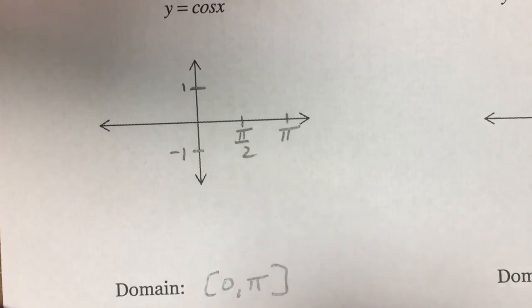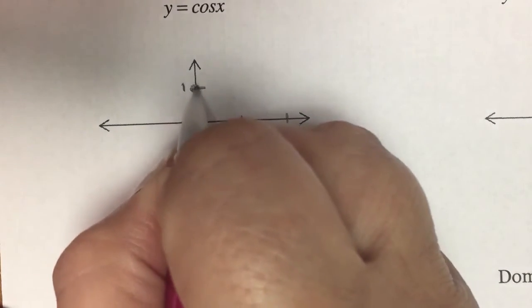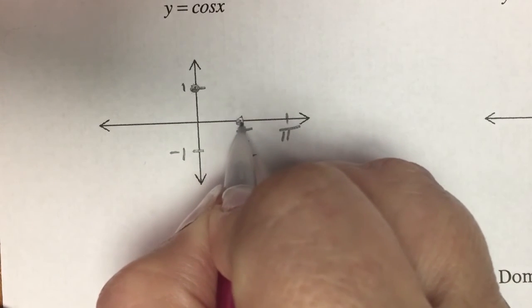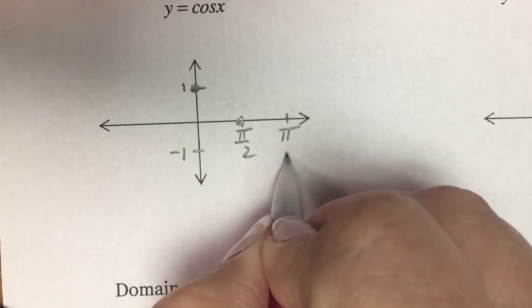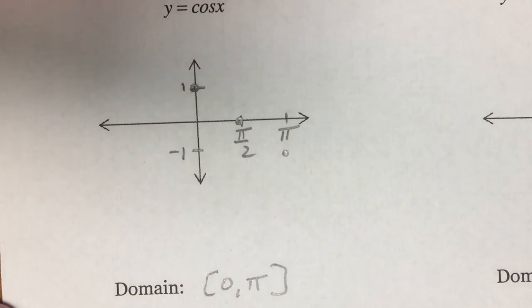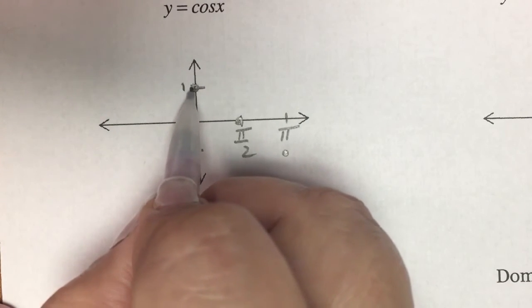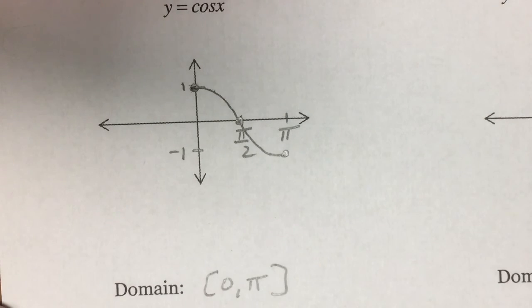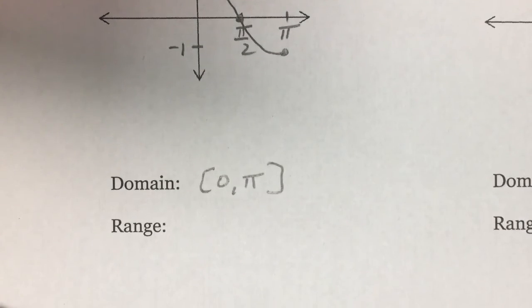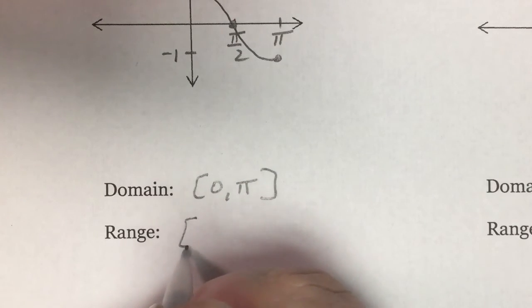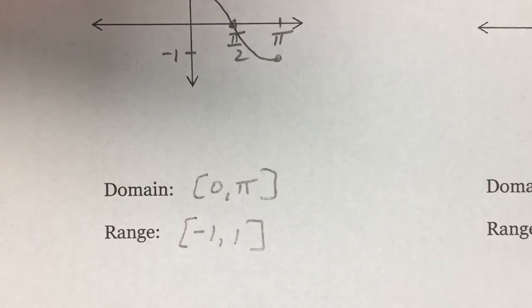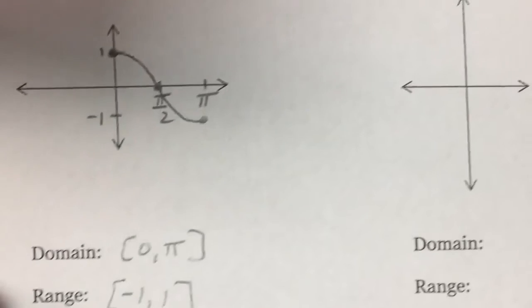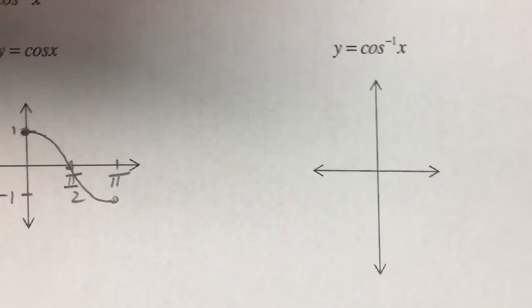So if we look, the cosine of 0 is 1, the cosine of pi halves is 0, and the cosine of pi is negative 1. Now remember, it's part of a cosine curve, so it's not a straight line. It looks something like that. Notice it passes both the vertical and the horizontal line test, and the range is going to be from negative 1 to positive 1.